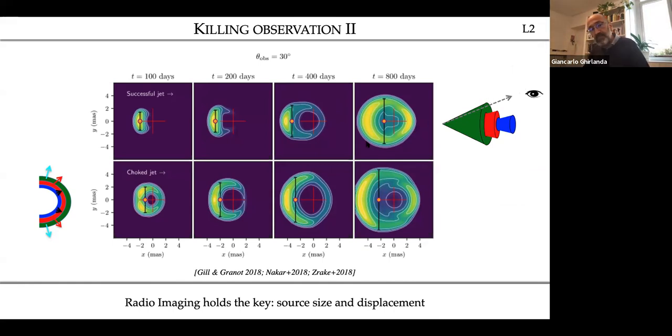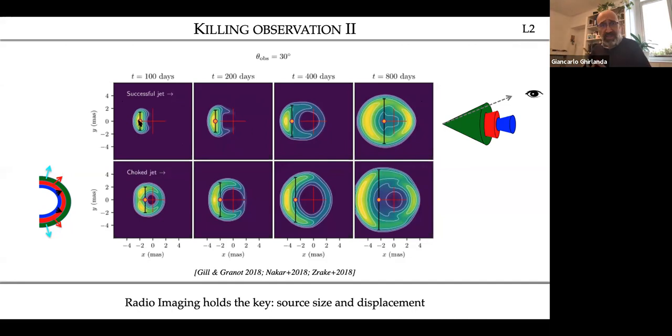If instead you have something nearly isotropic, whatever direction you look at this source, you should just see an increase of its size as a function of time because of the expansion of the source itself. It's a bit more complicated, of course, because you have to cope with the fact that light is emitted by different parts of the jets as a function of time. But I think that this plot here encodes more or less this principle.